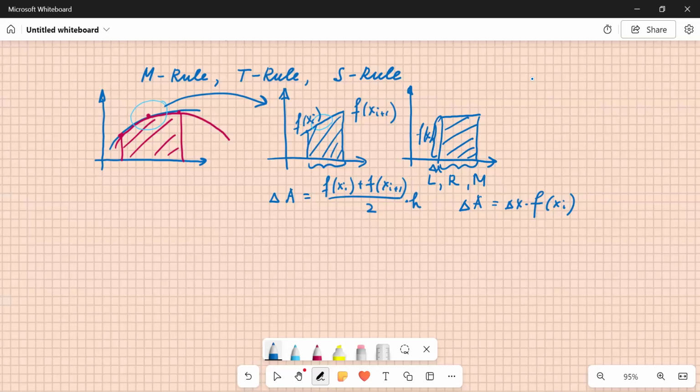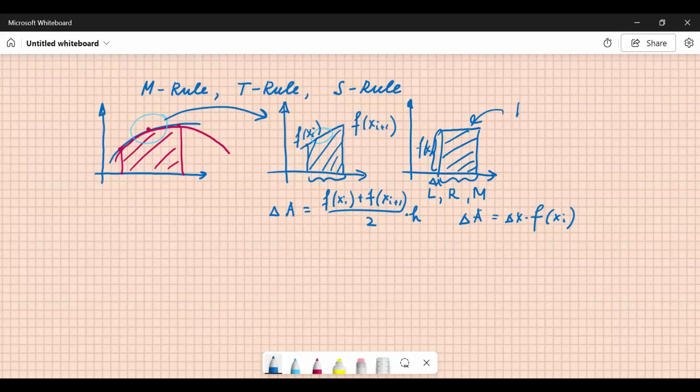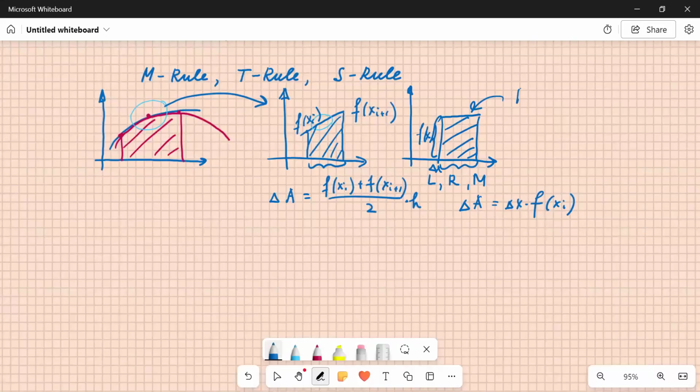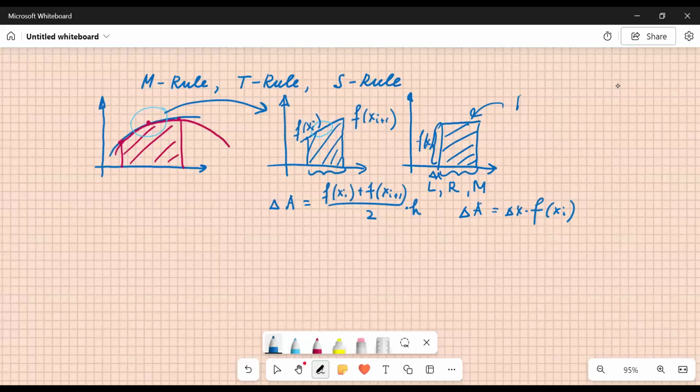So guys, the first one is going to produce for us the M rule. So this picture is going to create for us the M rule.